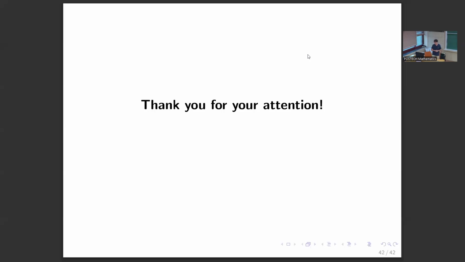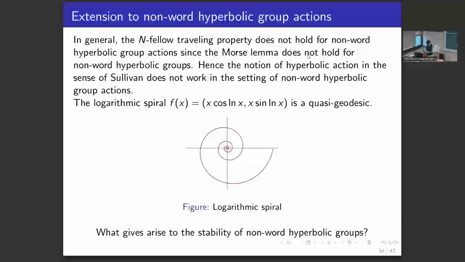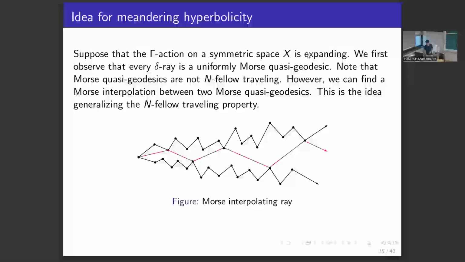But you mentioned negative curvature a lot. How does the theory in negative curvature apply to the zero curvature case? We cannot apply the negative curvature properties directly to this space. That is why we define some new notions.